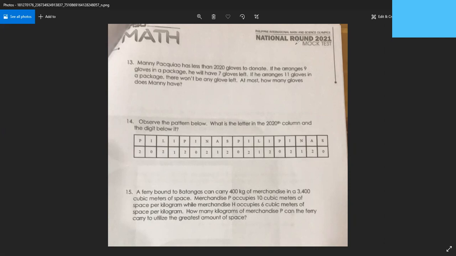So in this case, we are maximizing the space. Since we are maximizing the space, we just simply add these two, 10 and 6. 10 plus 6 is 16, right? So for P, that means it occupies 10 over 16 of the spaces, which is equivalent to 5 over 8.